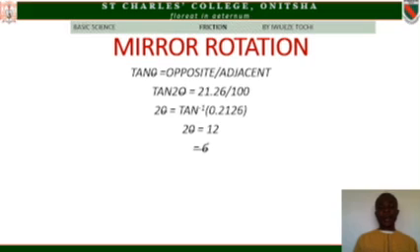When you divide, you have 0.2126. Finding the tan inverse of 0.2126, you have 12. Then you divide 12 by 2, and the angle is 6 degrees.